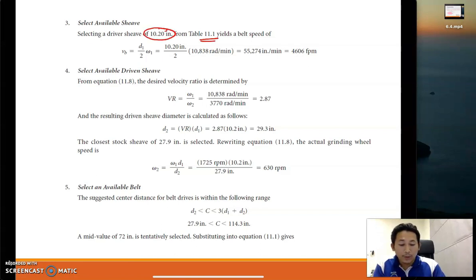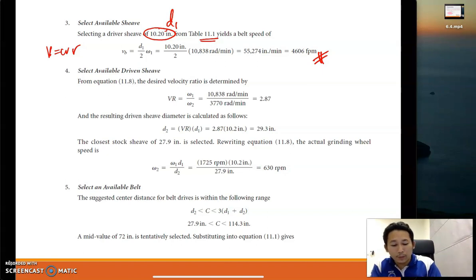So 10.2 is the D1. Okay, now from the same, V equals omega R. So we calculate that the speed is 4606 feet per minute.